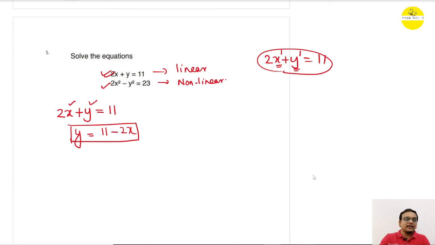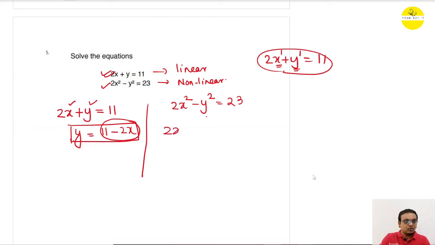From this equation, I got y as 11 minus 2x. Done. Now, what is the non-linear equation we have? 2x squared minus y squared is equal to 23. Now what I'm going to do is substitute the value of y here in this non-linear equation.